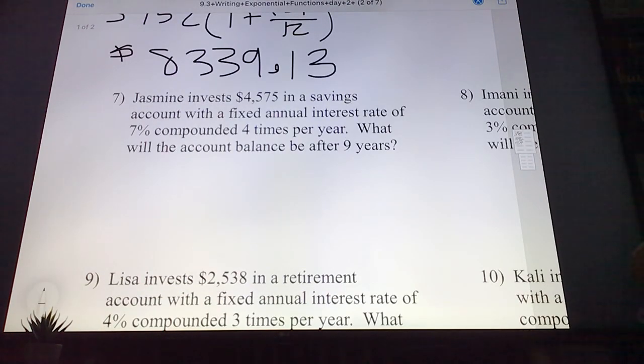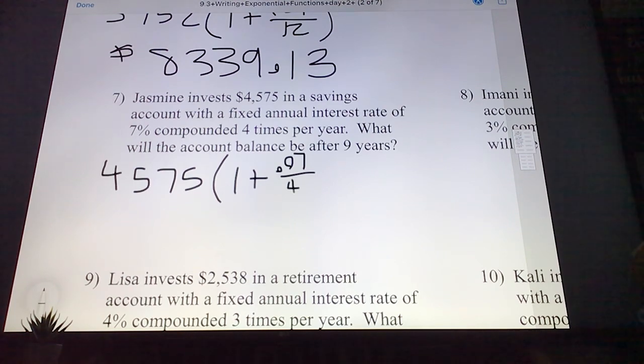Jasmine invests $4,575. We say 1 plus 0.07 over 4. They're checking our bank 4 times a year. And then we have 4 times 9.